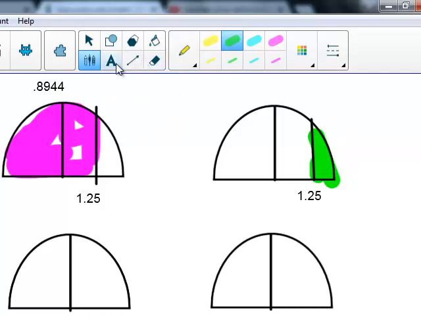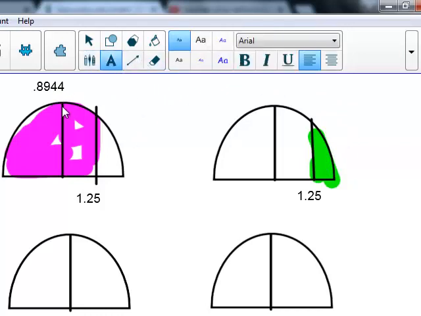Well, we would know that if this area is 0.8944 and the whole thing is 1, that this portion here would have to be 1 minus 0.8944, which is 0.1056, if you just subtract that from 1.